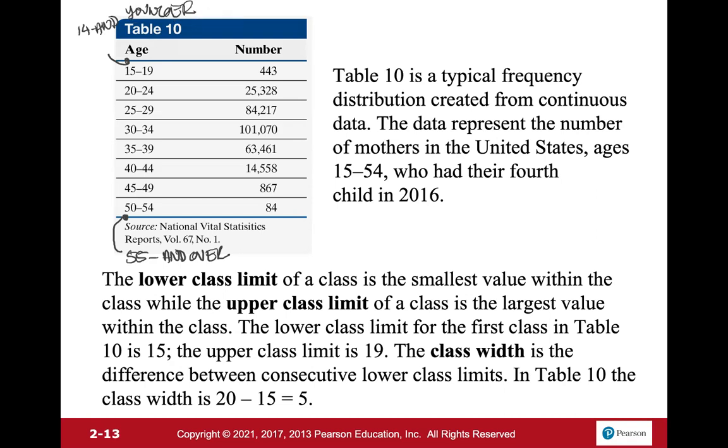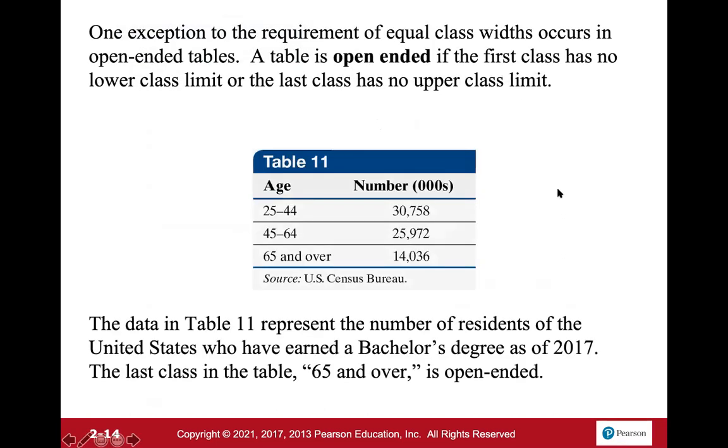So looking at 55 and over, 14 and younger, those are the only two exceptions when we have those class limits. And they give us that example right here too. So they did the over part, so 25 to 44, 45 to 64, 65 and over. So we're looking at all of those different ideas there.